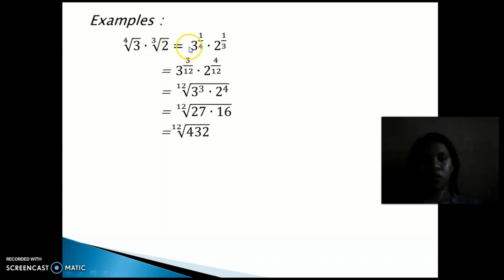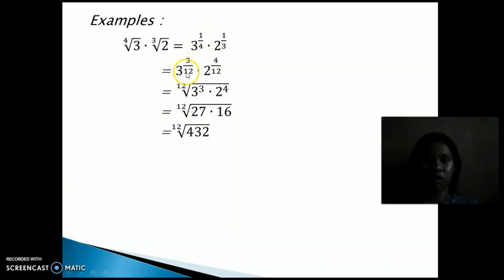is equal to, we're going to transform into fractional exponents. As I said, there is an imaginary 1 here, so our index is our denominator. So 3 raised to 1 over 4 times 2 raised to 1 over 3 is equal to, we're just going to cross multiply.